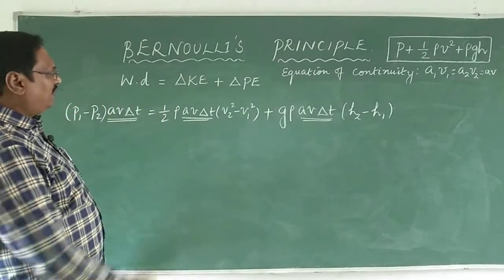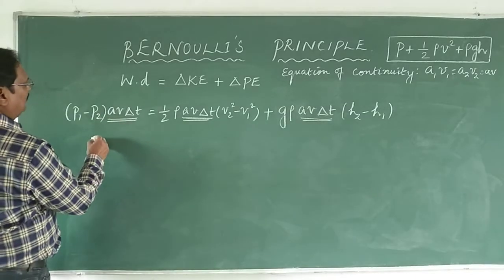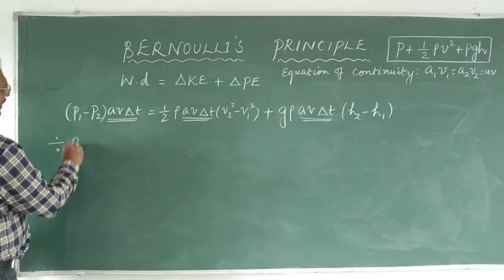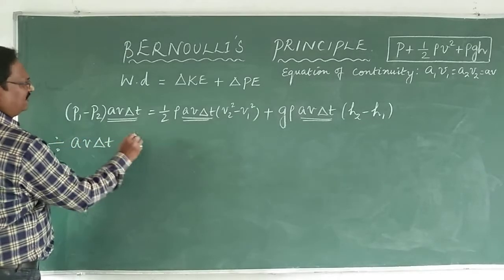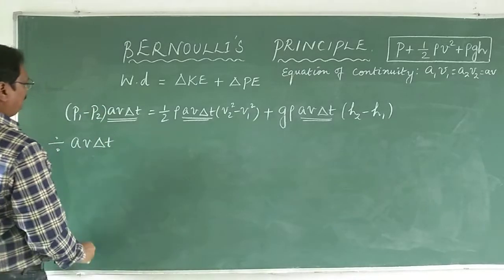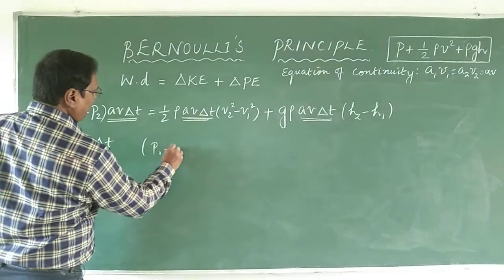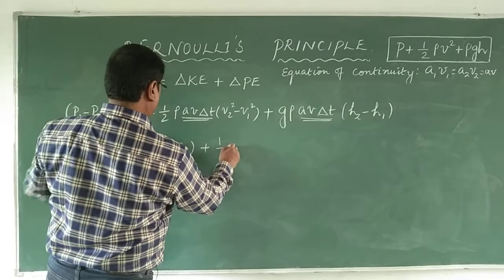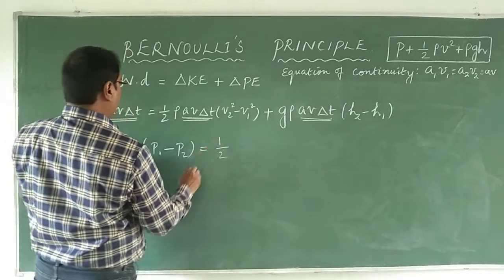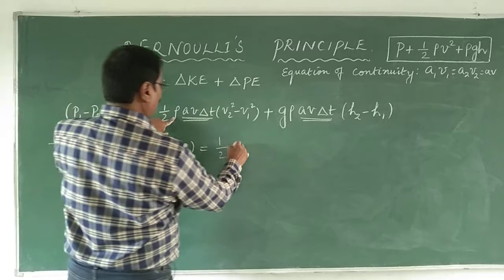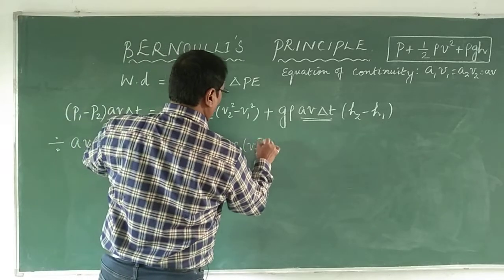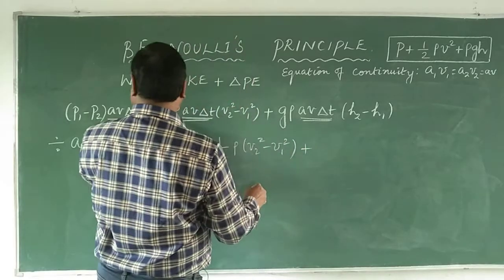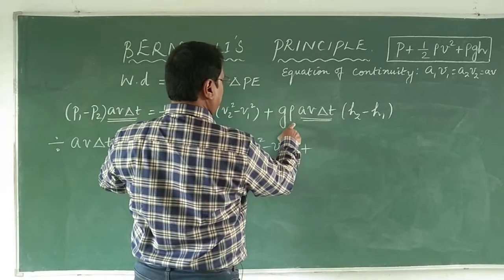Right? So now what we will do, I can take that AV delta T and divide the whole thing by AV delta T. Then what will happen to the equation? P1 minus P2, sorry, work done is equal to half rho V2 square minus V1 square plus, here also rho is there.